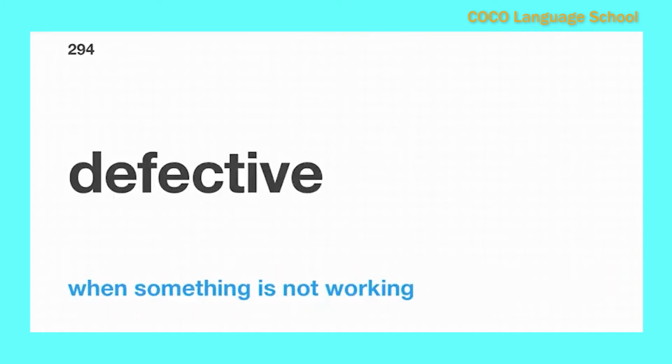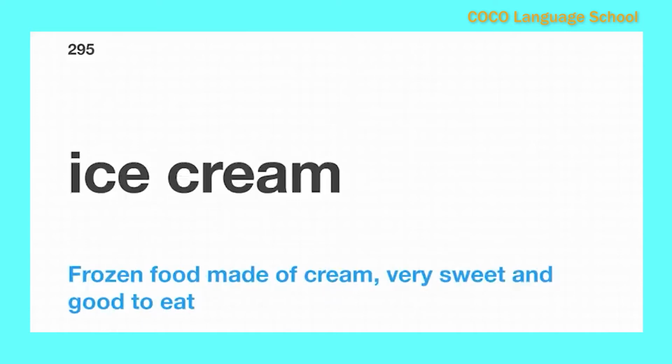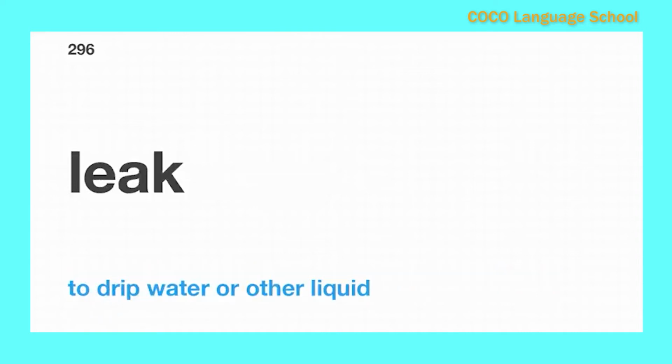When something is not working. Defective. Frozen food made of cream, very sweet and good to eat. Ice cream. To drip water or other liquid. Leak.